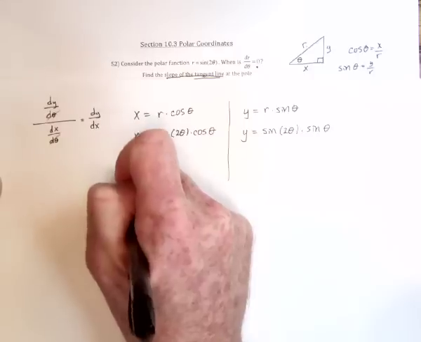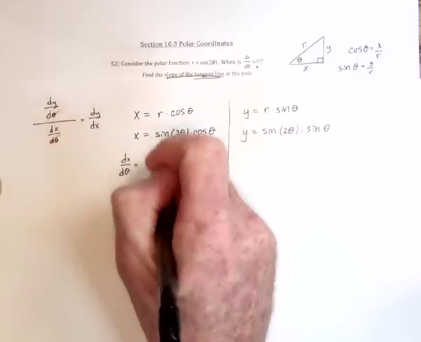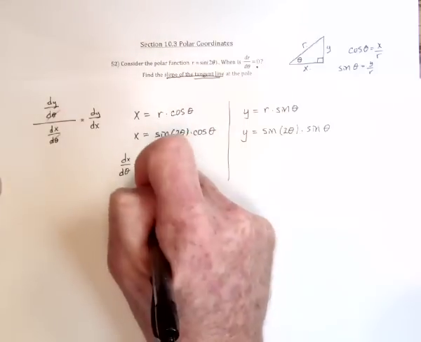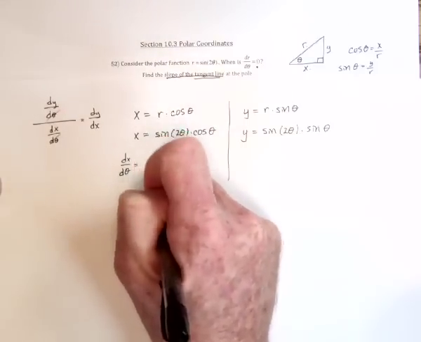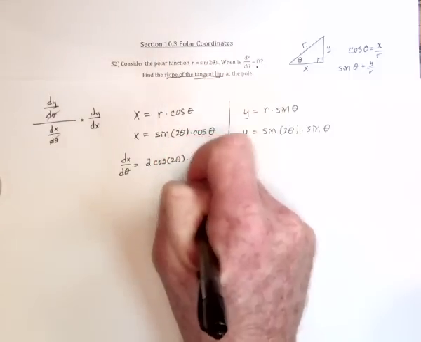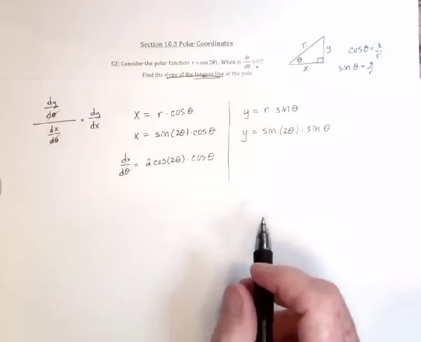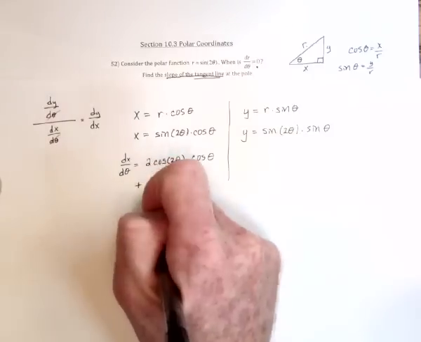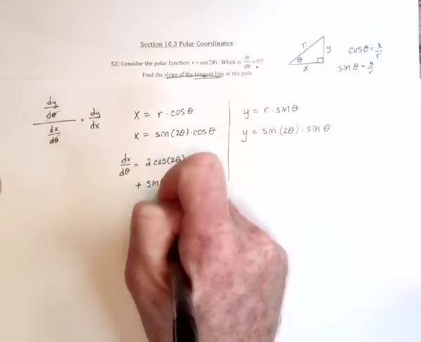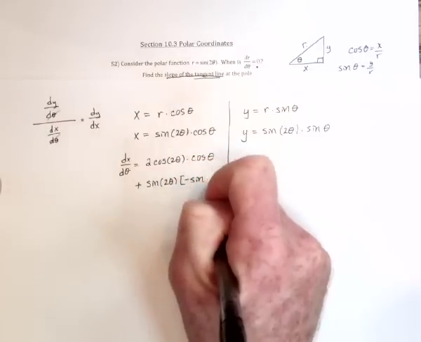So dx d theta is going to be the derivative of sine is cosine, and we need the chain rule, so it's going to be 2 cosine of 2 theta, and then this cosine is left alone. And then we would need to go plus, leave the sine of 2 theta alone, and the derivative of cosine is negative sine.